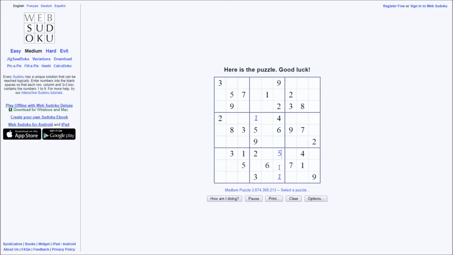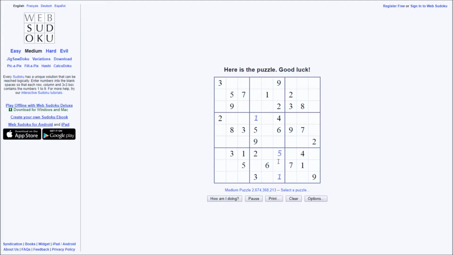A 7, perhaps. Oh, look at that. We can exclude these 2, but we don't really have another place to exclude a 7. However, I just noticed something interesting. That means that a 7 in this box can only be in this column, which means that it cannot be in this column in any of the other 2 boxes that form the super column.